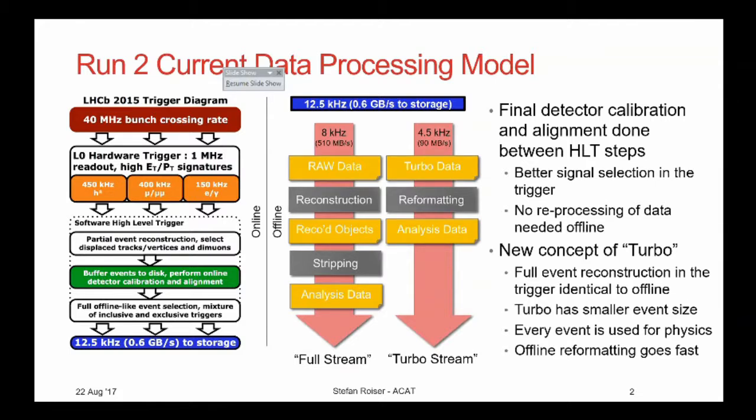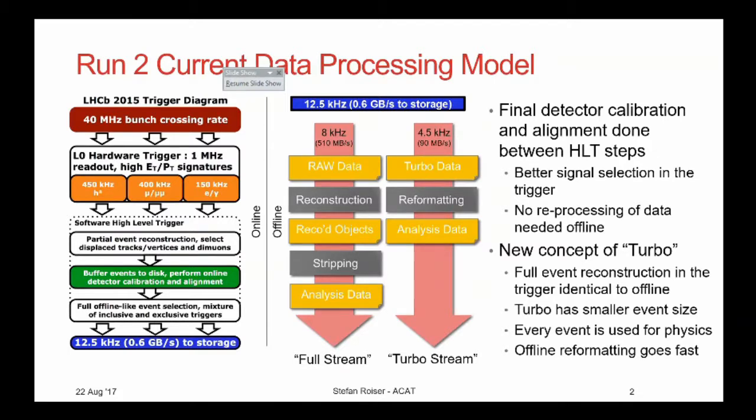Now in Run 2, what we have introduced now is the so-called turbo stream. So this is, as we can do the offline quality reconstruction here in the trigger, the data that comes out of this in this stream is already the best quality of the data that we can give to our analysis.